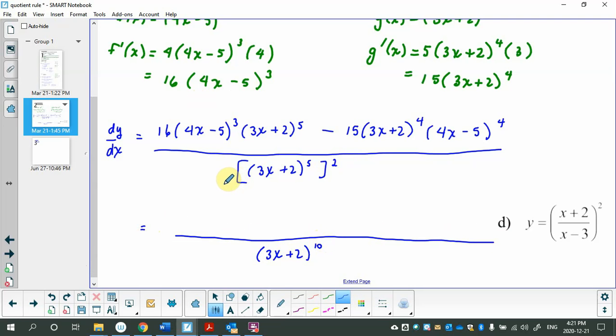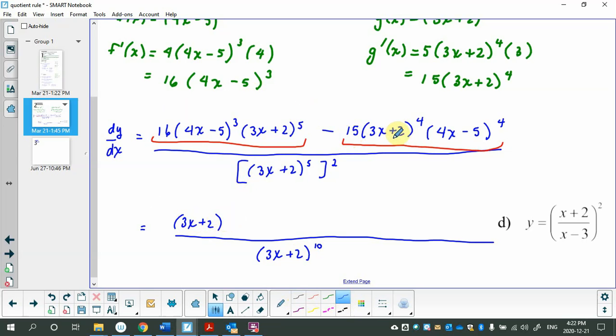So this one's going to take some common factoring. So if I dig out my red pen again, you are dealing with looking at this, which is in its most simplified form, and this, which is in its most simplified form. So if I compare the front and the back, I can't take anything out of 16 and 15 at the same time. But I do have a 3x plus 2 bracket in both the front and the back, before the minus sign and behind the minus sign.